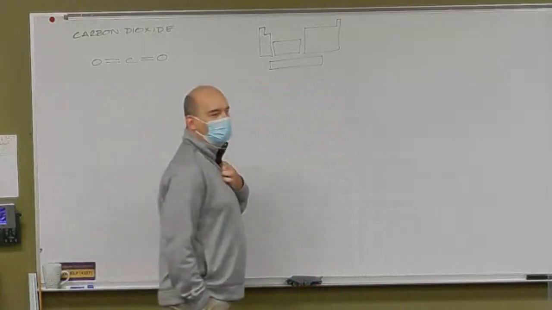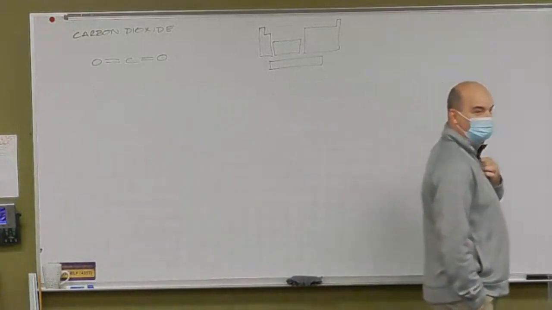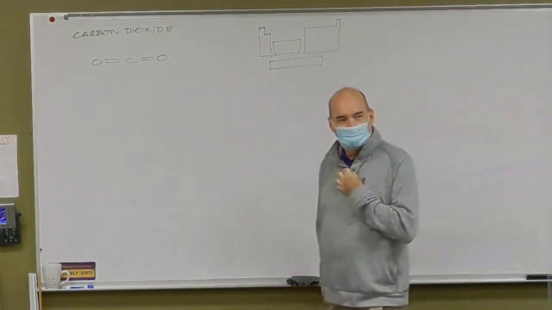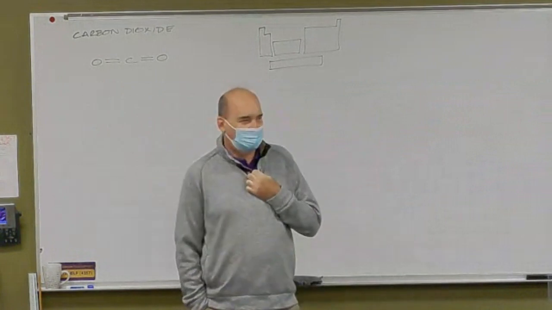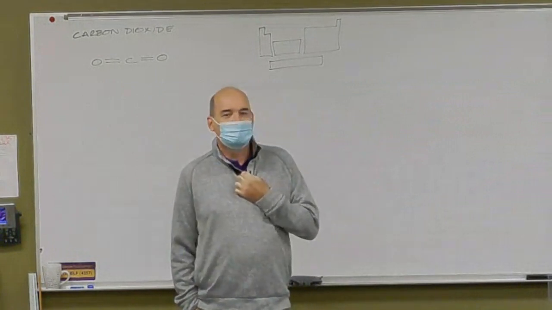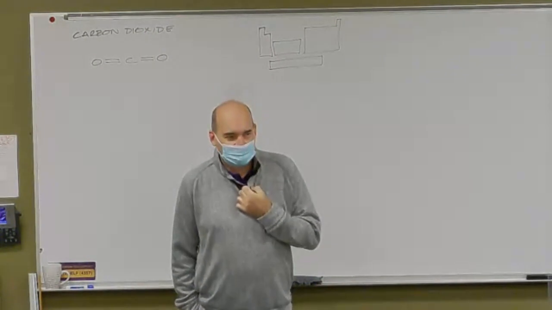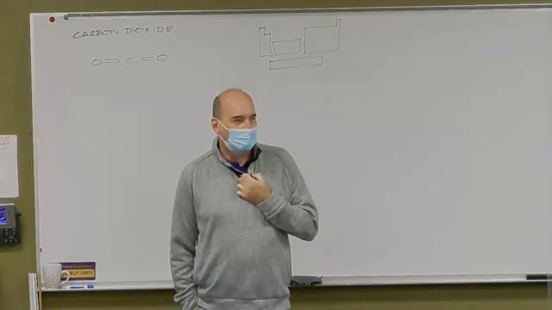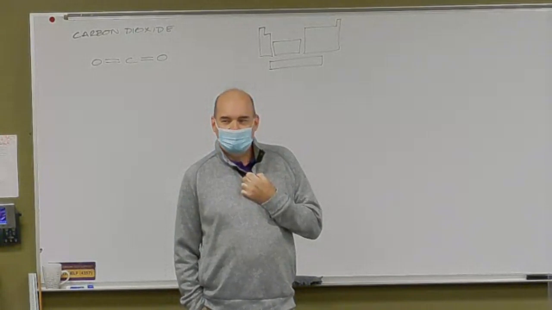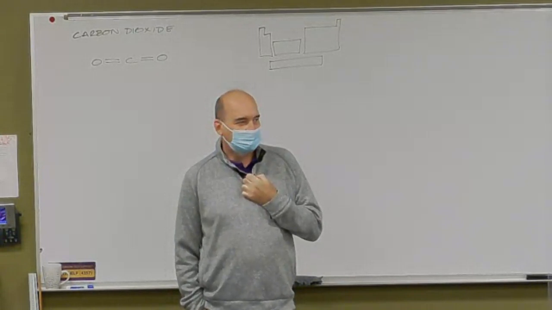How many groups are there on the periodic table? 8. And what group is carbon in? 4. And isn't 4 halfway to 8? So what side of the periodic table is carbon on now? It's in the middle.